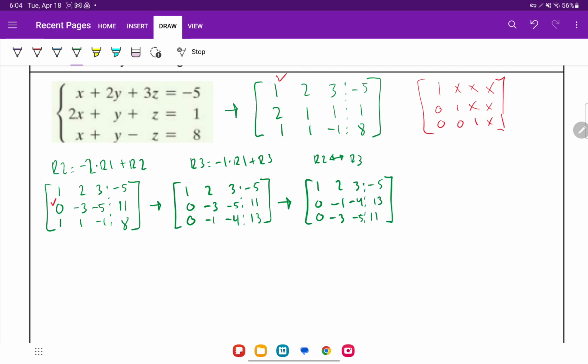All right, now from here, to get this number right here to be a +1, we're going to change row 2 to -1 times row 2. All right, -1 times 0 is 0, -1 times -1 is 1, -1 times -4 is 4, and then -1 times 13 is -13.